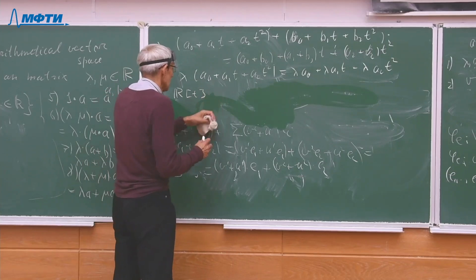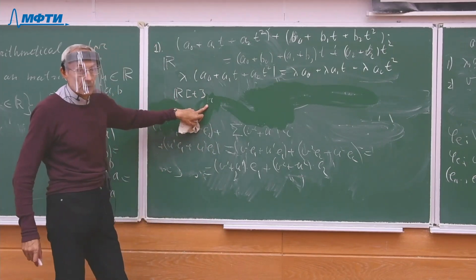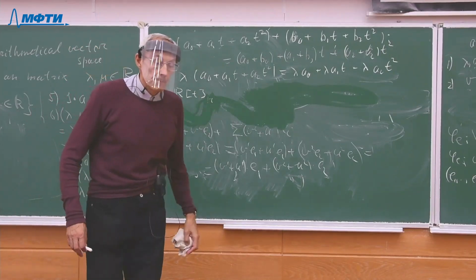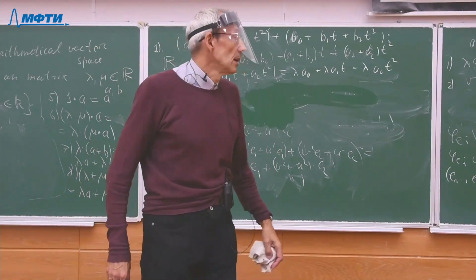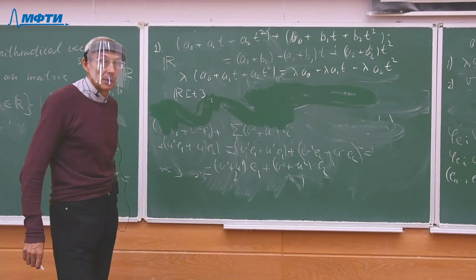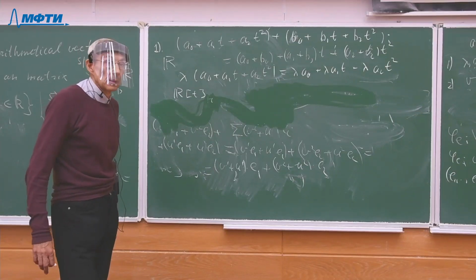In the general case, I can write any integer n, and I obtain the so-called vector space of the polynomials of degree less or equal n.